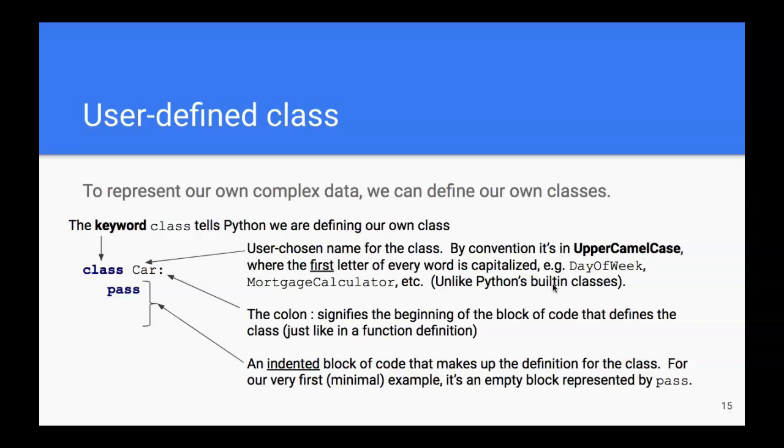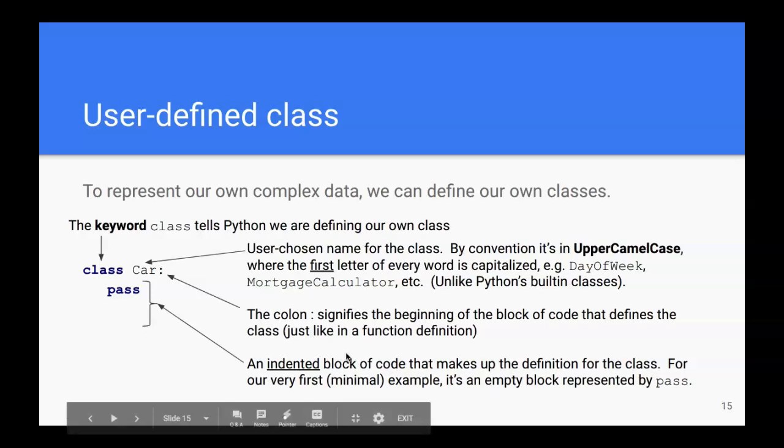Another thing to know is that Python's built-in types do not follow this convention. As you saw, int, string, they're all lowercase, very short words. But that's just the way Python is. Anyway, the name of the class is followed by the colon, which we've seen many times in defining functions and conditionals.